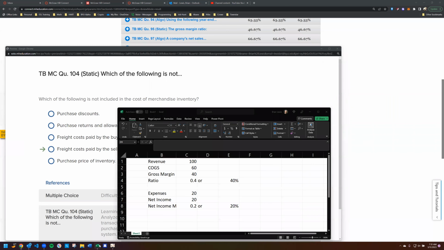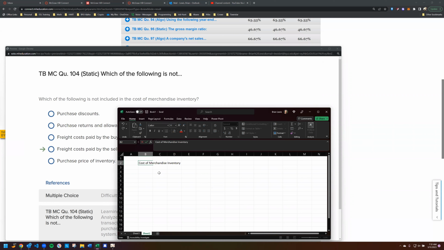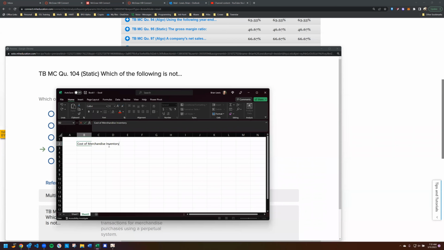So usually, let's go back to the trusted little thing. What is included in there? Well, your actual cost of merchandise inventory. Assuming we didn't see this, let's think through what is in here. It's the cost of the material, let's say. That's definitely in there.